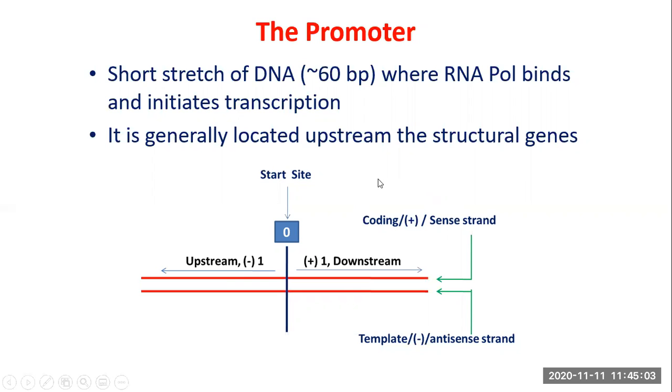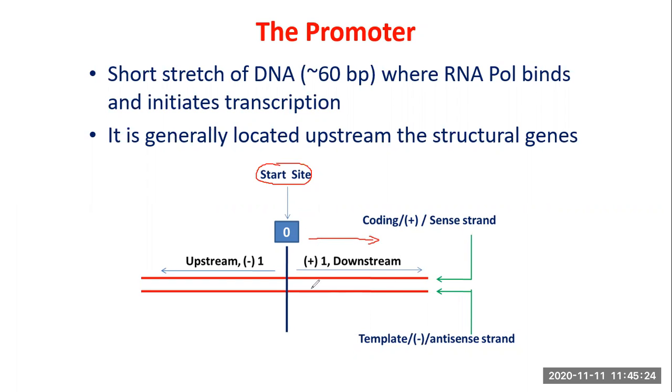So let us understand what is meant by upstream. Let's say this is the start site. This is ground zero. On this side, this is called downstream, and it is in this area that structural genes are located, the genes which are to be transcribed.